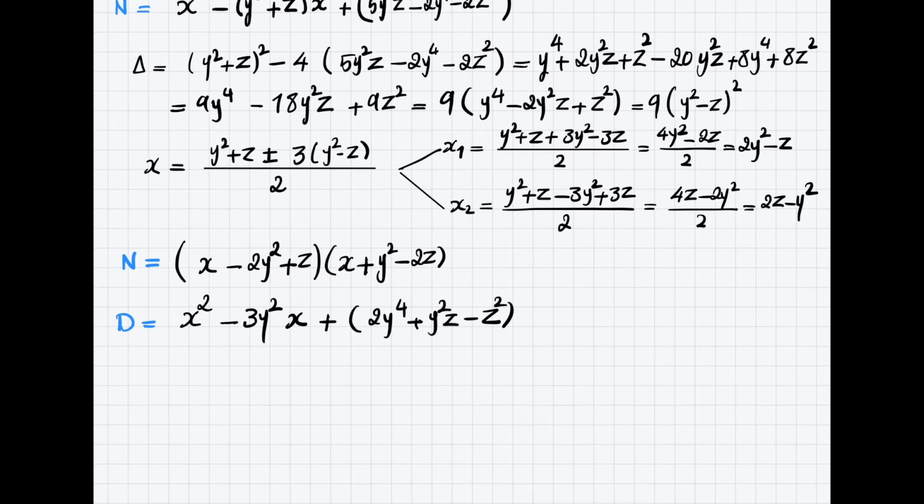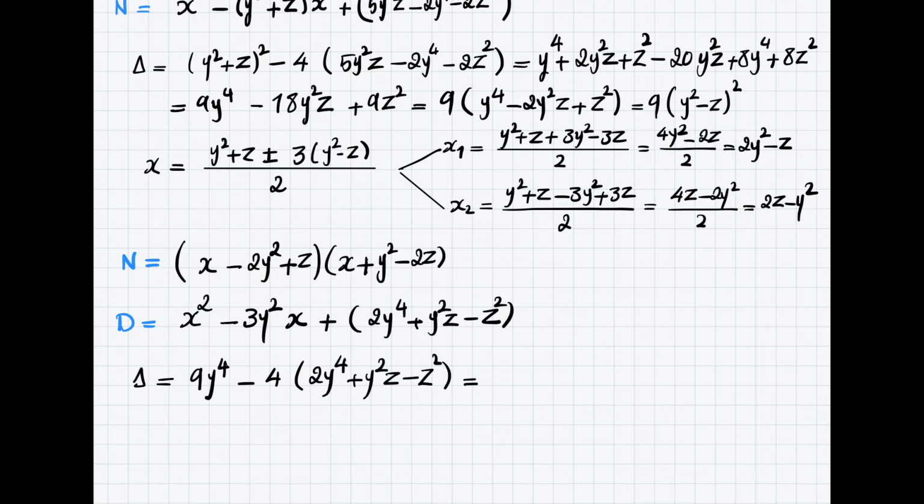Okay, and then I do the same thing as before. So I calculate delta. Delta is this number to power 2, which gives me 9y to the 4 minus 4 times the first one times the last one, which gives me this expression.